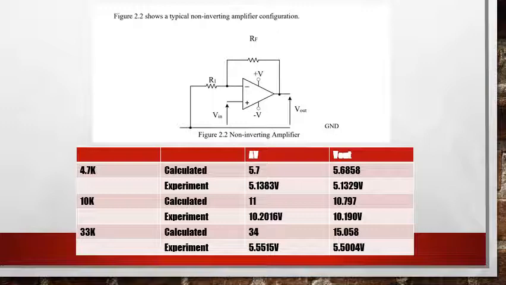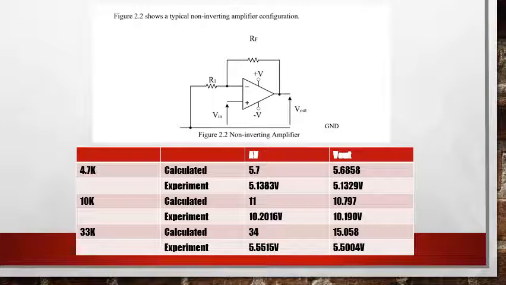Now we are going to have a Vin between pin 2, that is the inverting input, and the ground. So let's call that the input Vin. We are still going to have our feedback resistor between pins 2 and 6.